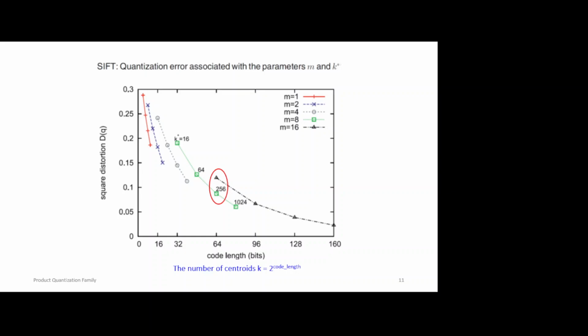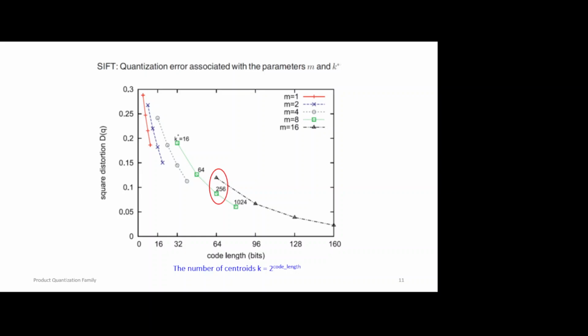Which one is better, do you think? The better one should have the smaller quantization error. So which one can generate a smaller quantization error, the black line or the green line, under the same code length? It should be the green one, right?